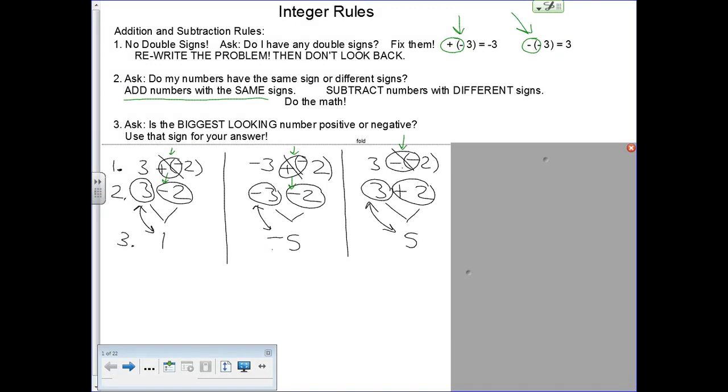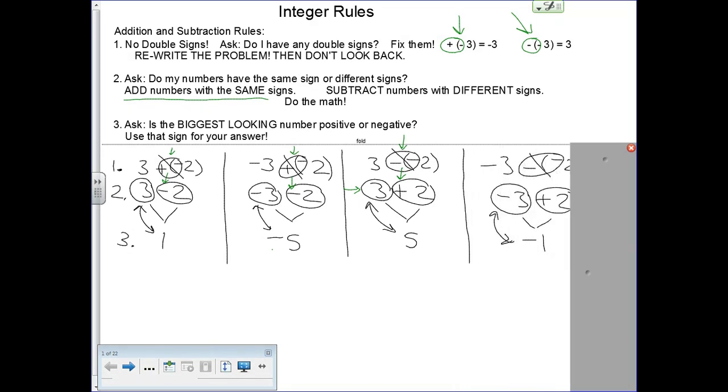So I'm going to cross out my 2 negative signs, and I'm going to turn it into a plus sign or a positive sign. Now, when I rewrite my problem with that positive sign, I get 3 plus 2. We know that 3 plus 2 is 5. But we're still going to look back and go, hey, number 3, what's the biggest looking number? Oh, wait a minute. They're both positive, so it doesn't really matter. The answer's got to be positive.